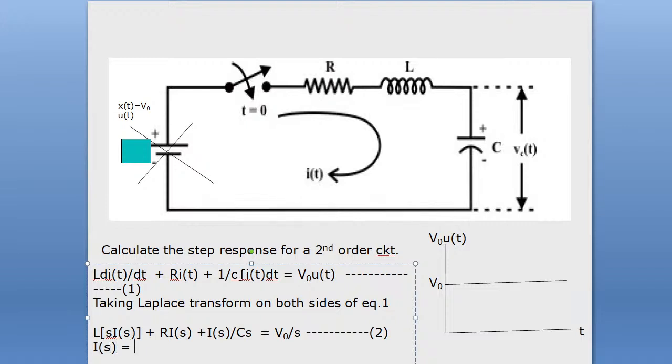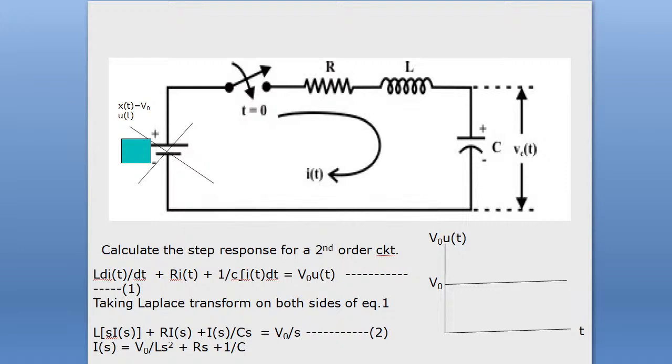I of s equal to, you can write finally, V naught divided by L s square plus R s plus 1 by capital C. Let me write it in proper form. L s square, okay, R s plus 1 by C. Now you take the inverse Laplace transform of this equation, and you will get the final result.